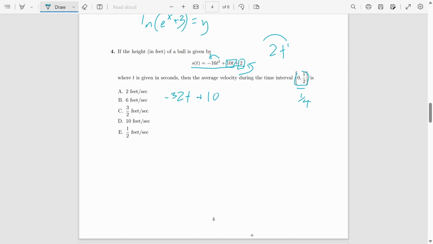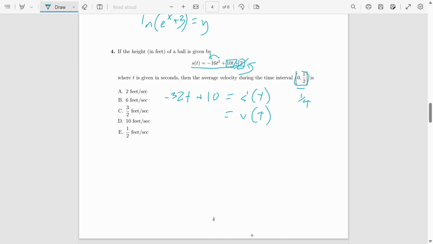When you move out the 1, oh wait, hang on. I messed up, that's not t to the 1, that's t to the 0. When you move out the 0 to the front, it becomes 0 times 2, which is just 0. And so you can just ignore this constant here. So this is the derivative. This is s prime of t. Sometimes you also see it as v of t for velocity.